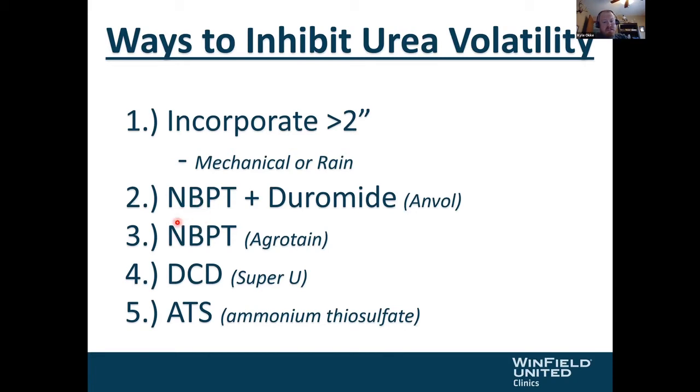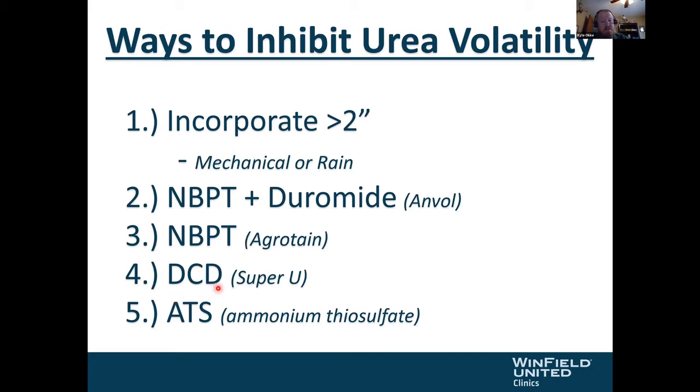That's NBPT, which is what's in Agrotain and all the different brands of Agrotain and all the different private labels. There's a new one, and I'm not sure if it's labeled in your region, it's NBPT plus Duramide. It's called Anvol. It comes from Koch, the people who make Agrotain. I'll show a little data on that.